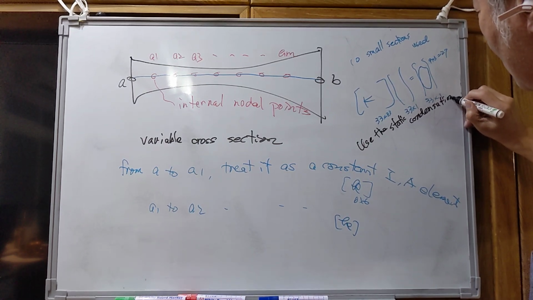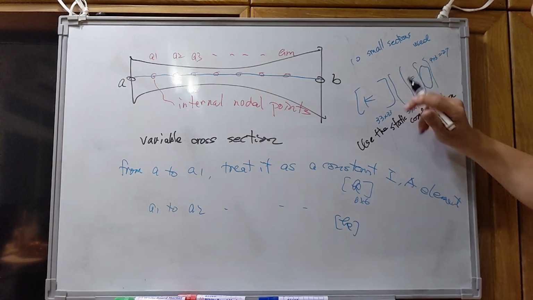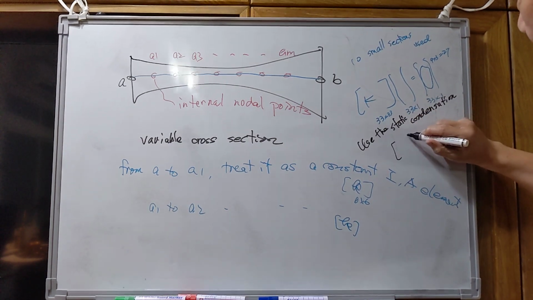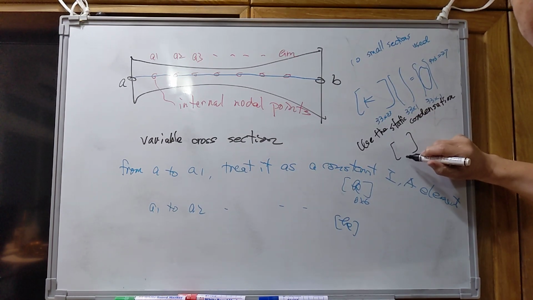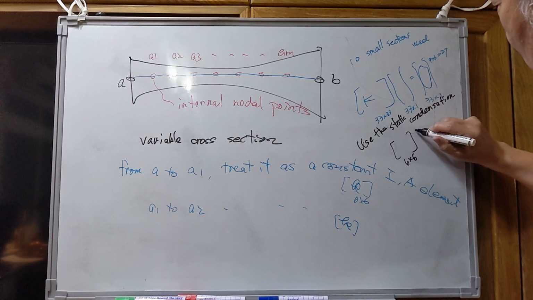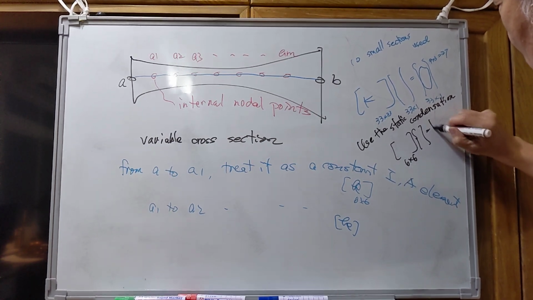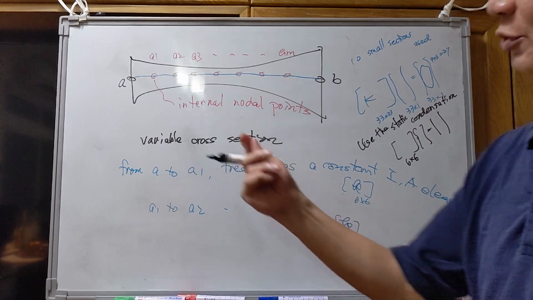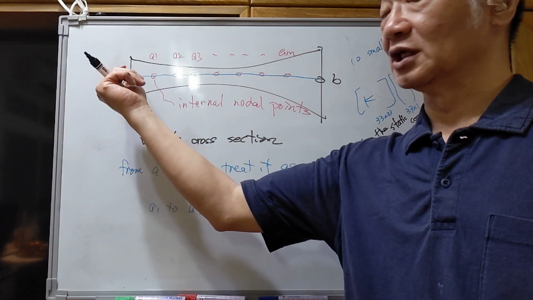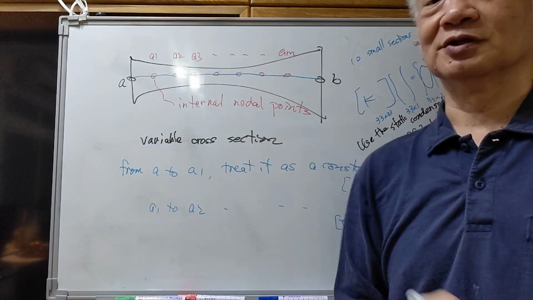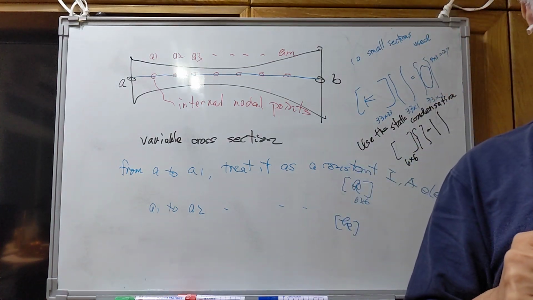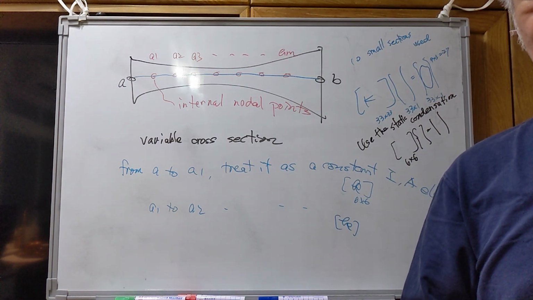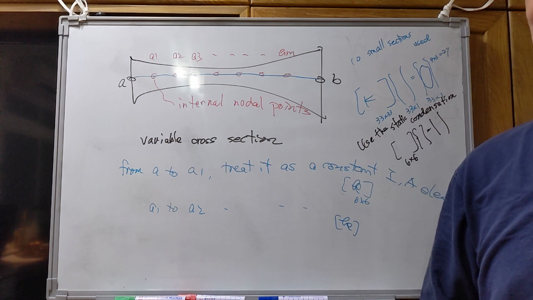Then this 33 by 33 matrix will be changed to a 6 by 6, and the remaining degrees of freedom will be only the node point A and the node point B. All the internal node points will be eliminated.